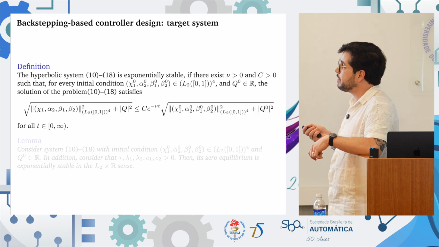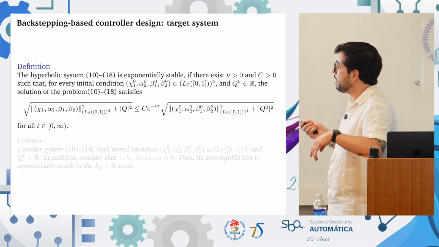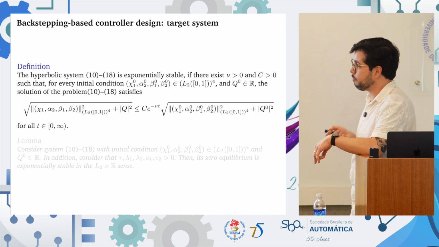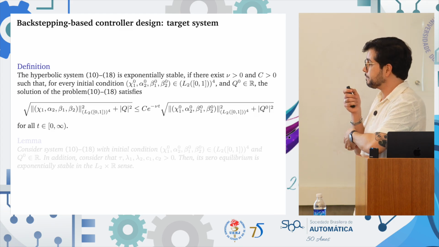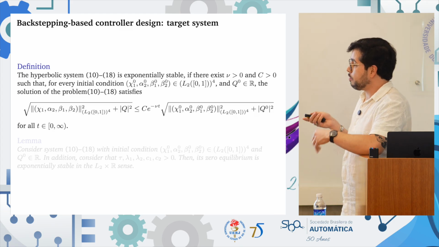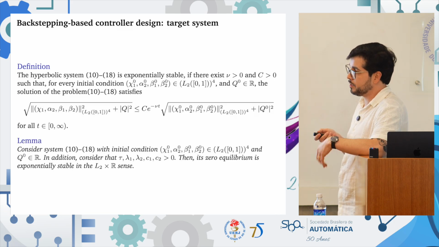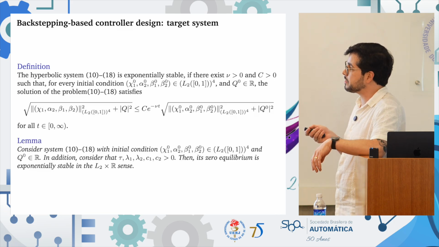If I have L2 initial conditions, and for the ODE it doesn't matter, I only need a real value, then the system is stable if this inequality is satisfied for all t greater than or equal to 0. We can prove mathematically that the target system I showed in the previous slide is exponentially stable in this norm.